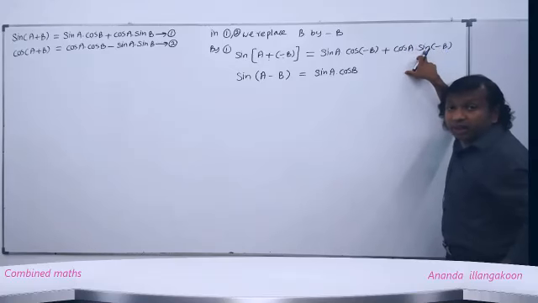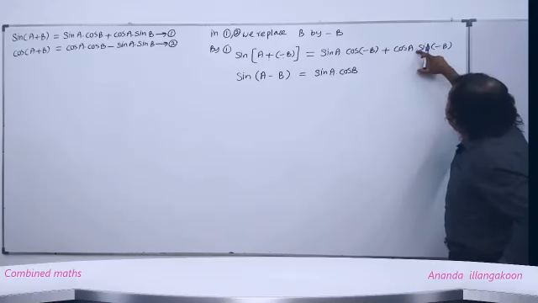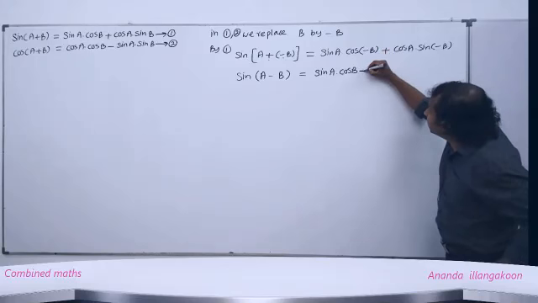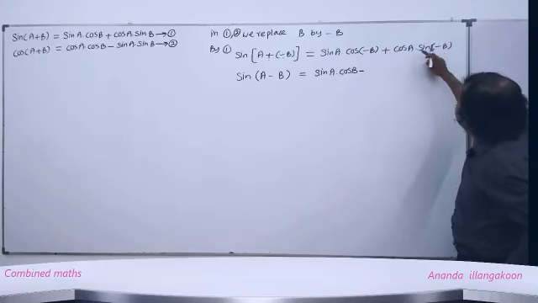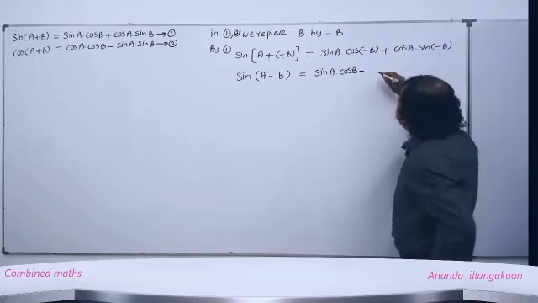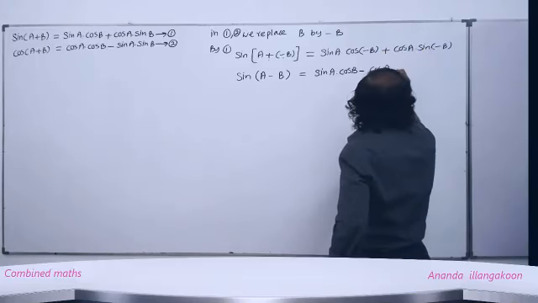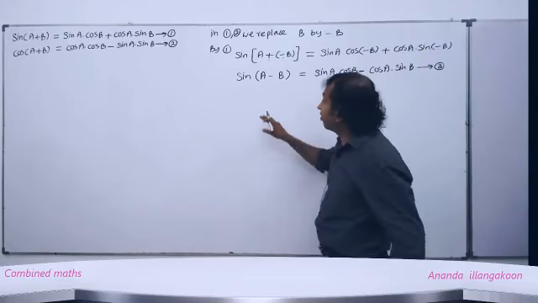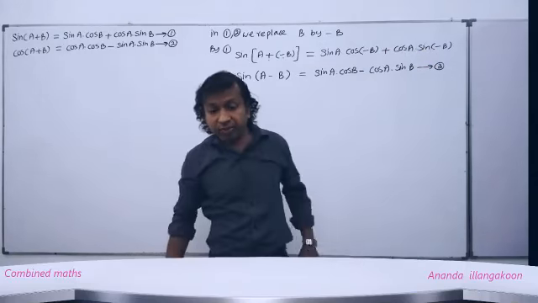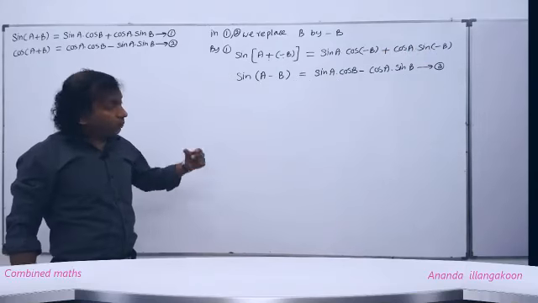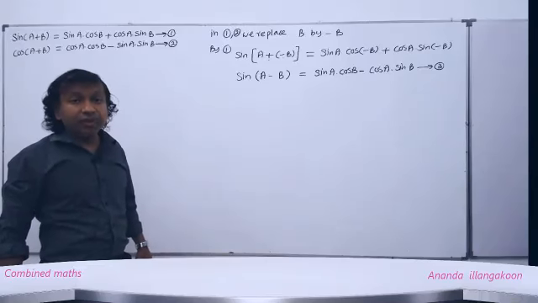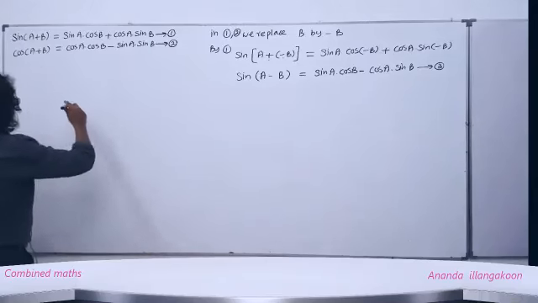That minus sign coming here, I can bring here. Then here we have plus, here we have minus. Plus and minus, when you multiply, we get minus. Now no longer this minus sign is available. Then this is cos A sine B. People, this is number 3. Third formula. What is that? Sine A minus B formula. What is the sine A minus B formula? Sine A cos B minus cos A sine B. Third formula, number 3. Sine A minus B.